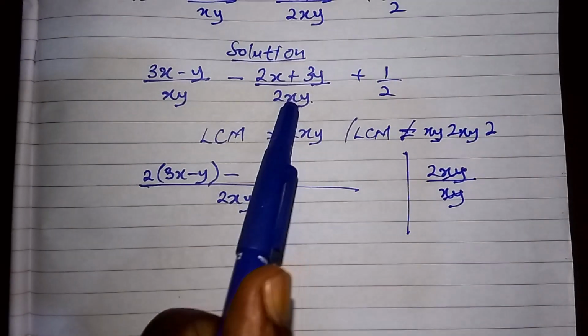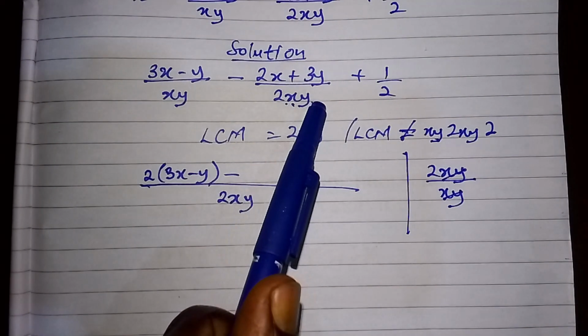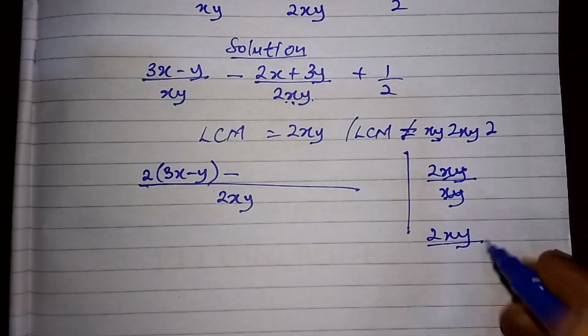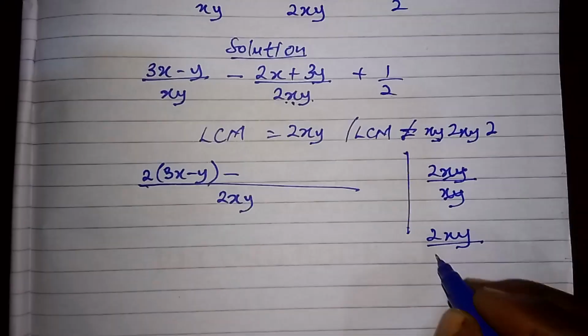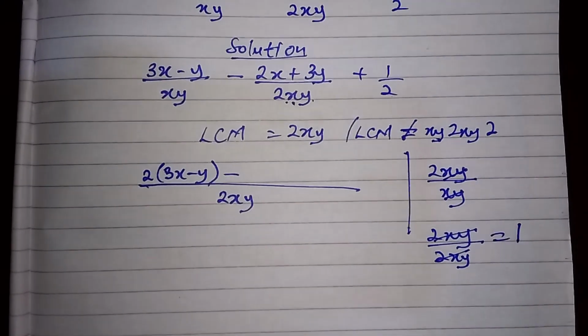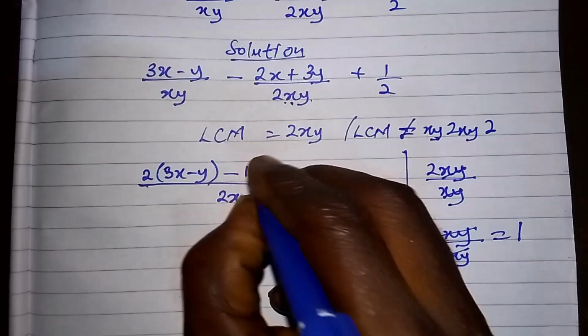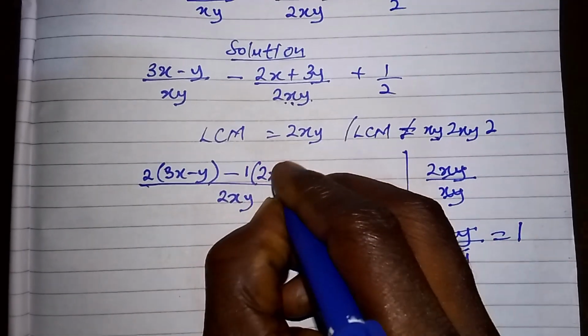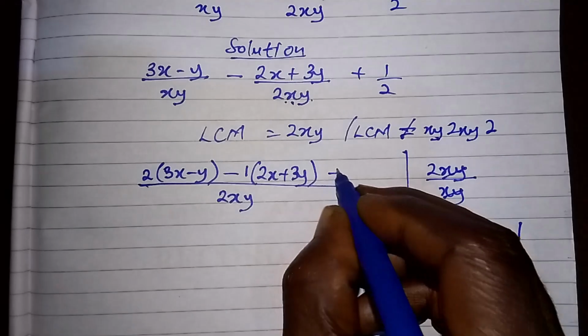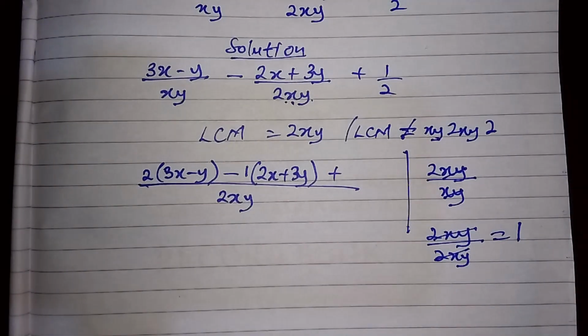The next denominator is 2xy. So the LCM 2xy dividing the denominator 2xy will give us 1. So 1 multiplying 2x plus 3y. Then our plus sign comes over here.